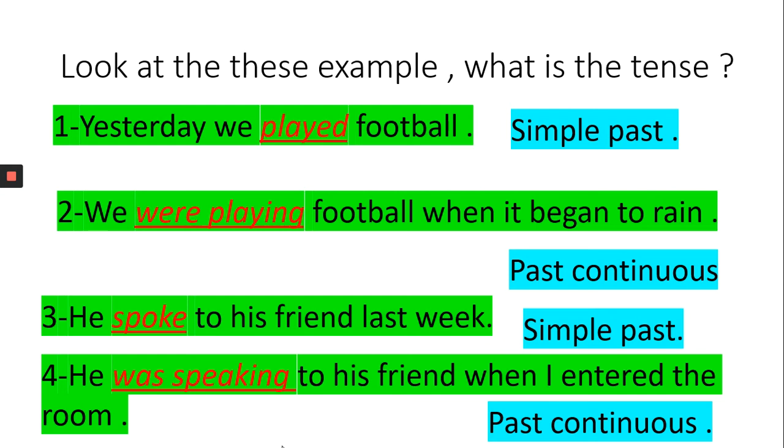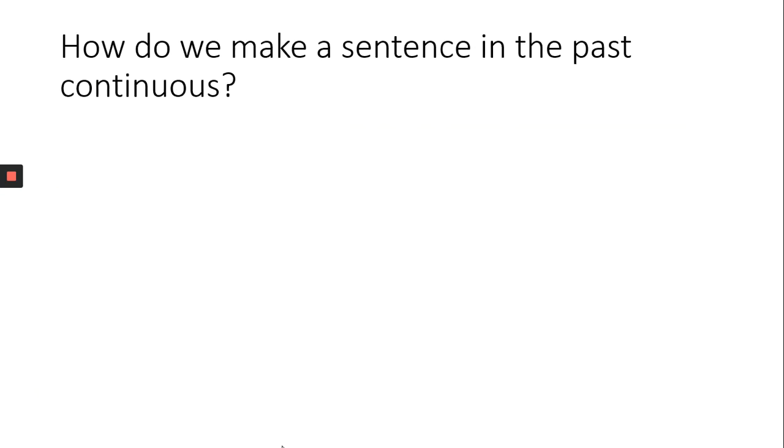This is past continuous. But how do we form a sentence in the past continuous? The most important thing is to use was or were. I was, he was, she was for the singular. We were, they were, or you were for the plural. Plus verb 1, the present tense, plus ing.